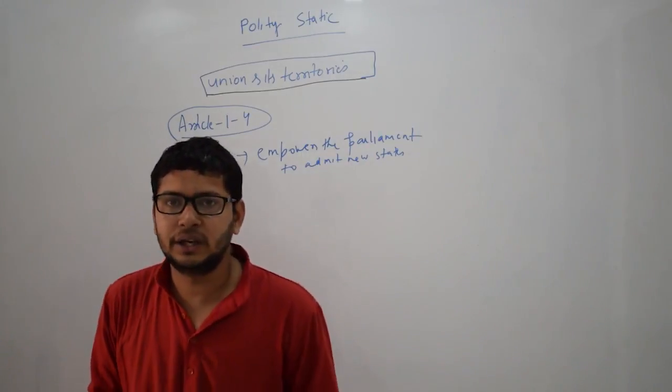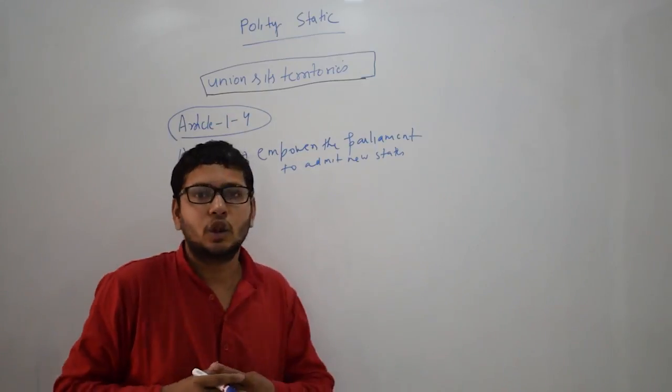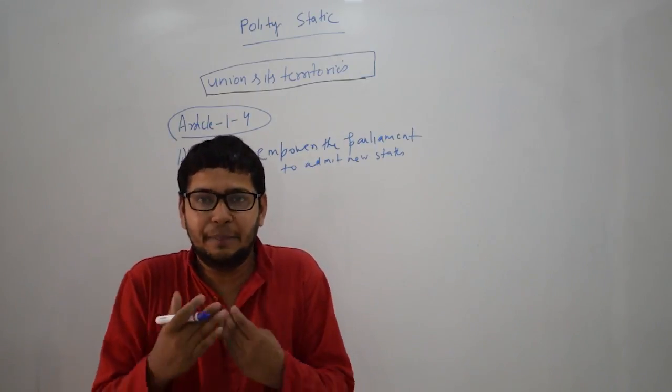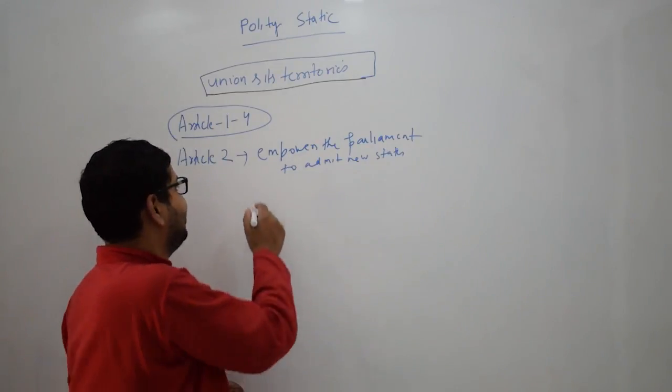What do we mean by new states? New states are basically those states which were not part of India, but became part of India after being acquired by India. The example of it could be Sikkim.